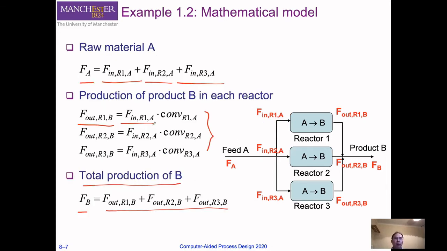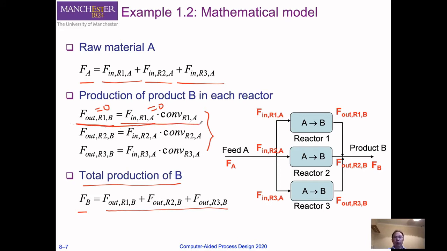For instance, if reactor 1 is not selected, the inlet flow rate of A into this reactor, FIN R1A, is equal to 0. Then we can make sure FOUT R1B is also equal to 0. That means if reactor 1 is not selected, this equation is satisfied.